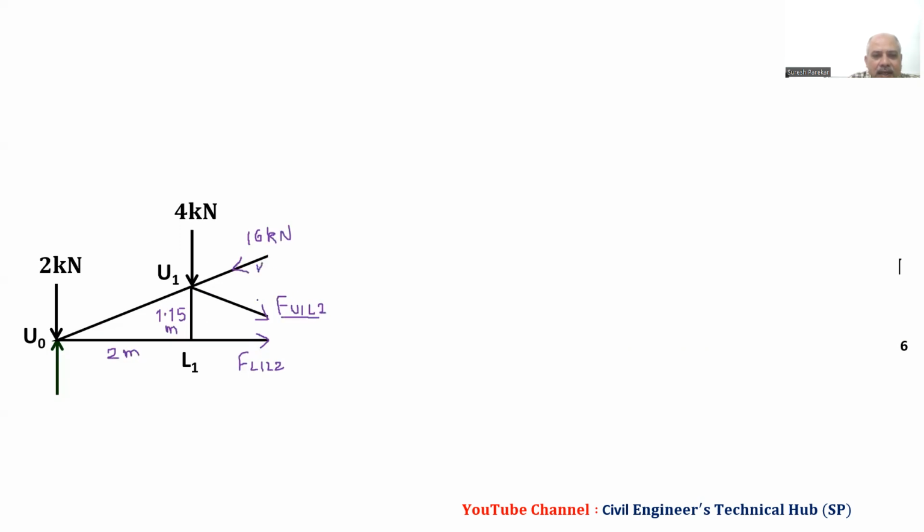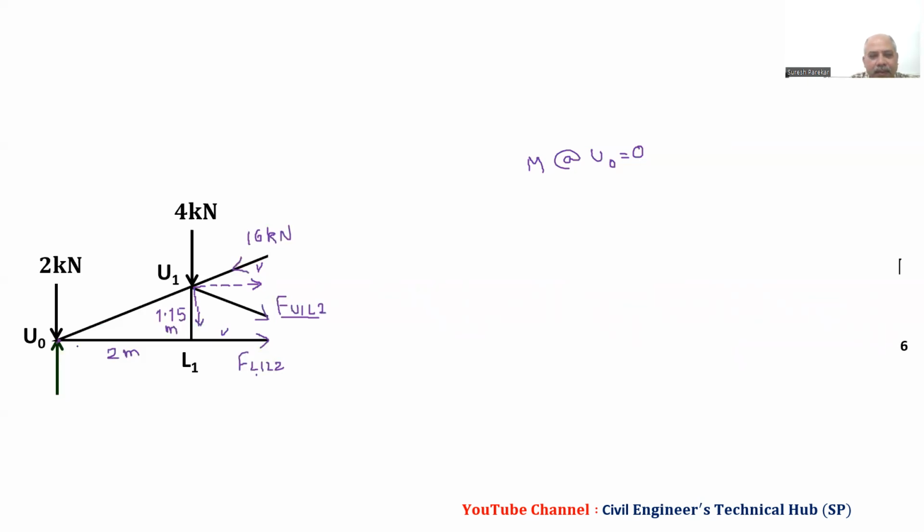Now we have to see, are these two members passing through the same joint? These are passing through the U node. So I will take moment about U node equal to 0. Now this 16 kilonewton F L1 L2 passes through this, so we have to take components of this.